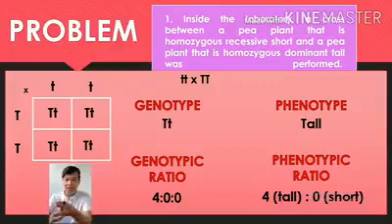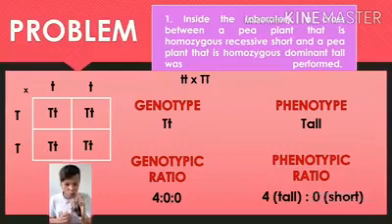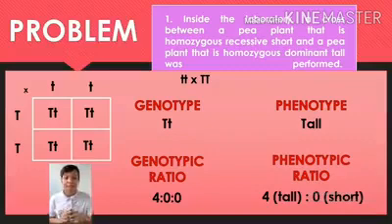If you are homozygous dominant, you'll get tall. If you are heterozygous, you'll get tall. You will only get the characteristic of being short if both of the alleles are recessive. Therefore, the parent that is homozygous recessive is short because the alleles it has are two recessive alleles.